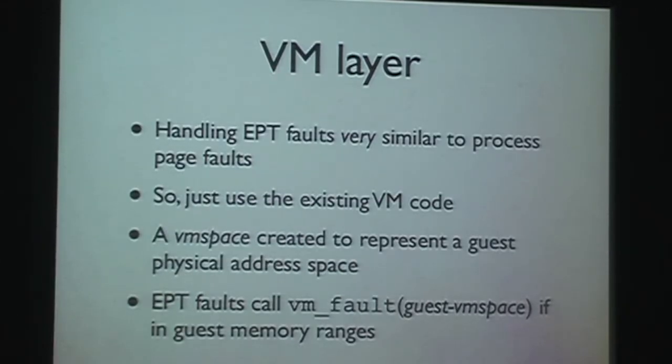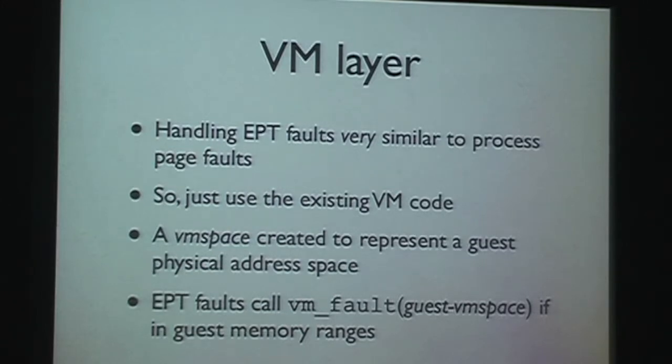The other similarity we saw is that handling EPT faults are almost identical to handling process page faults. And in a similar fashion to PMAP, there's already an existing piece of code that's very well debugged, maintained, very feature-rich, which is the FreeBSD VM code. So rather than writing our own version, we just decided to use the existing VM code.